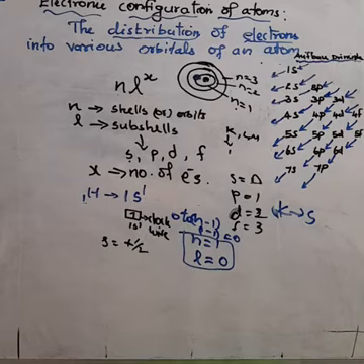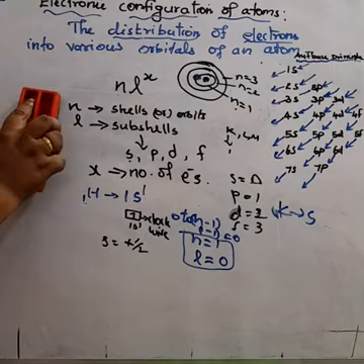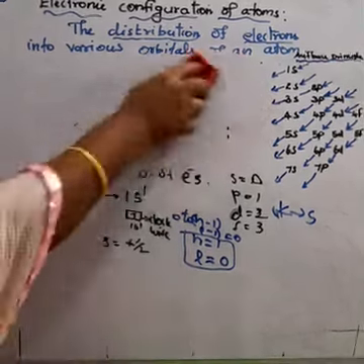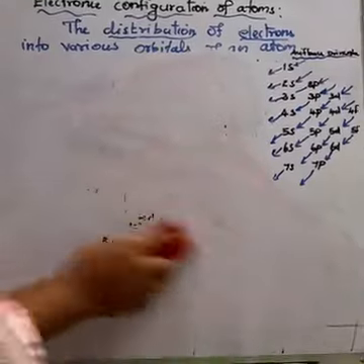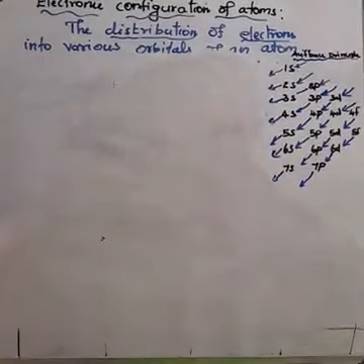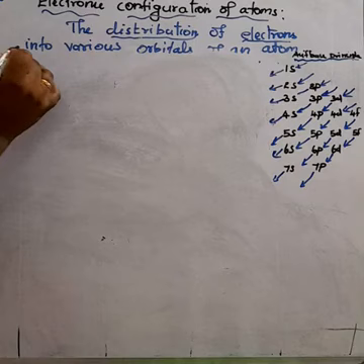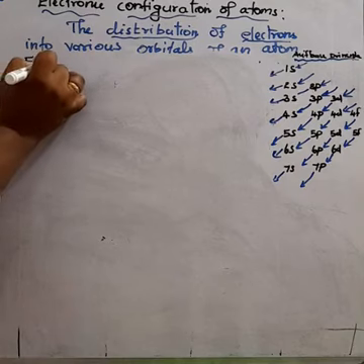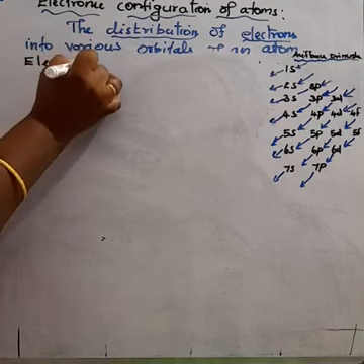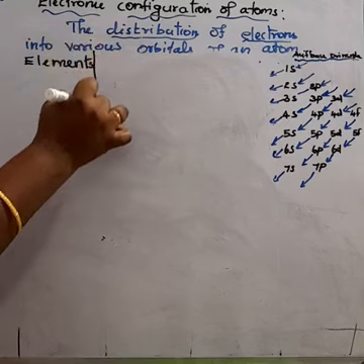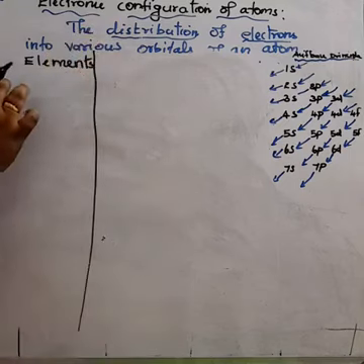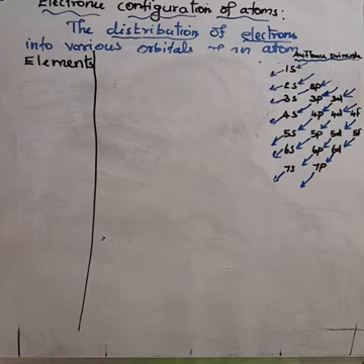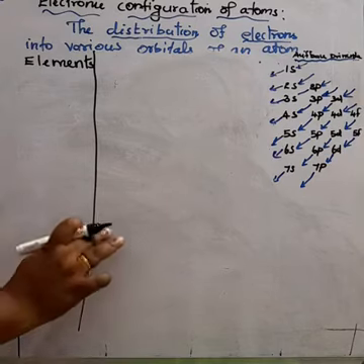Then I am going to write the electronic configuration and orbital diagram for the first elements up to atomic number 10. The first 10 atoms. I already explained this in previous classes, but once again I will recall it now.